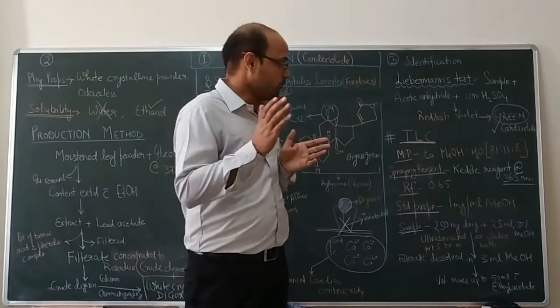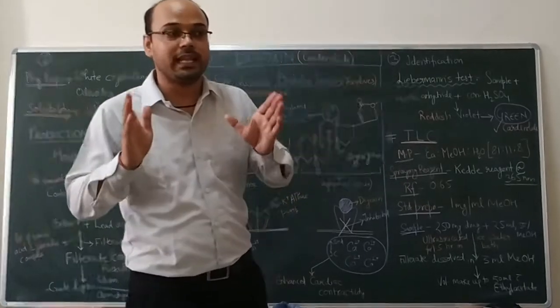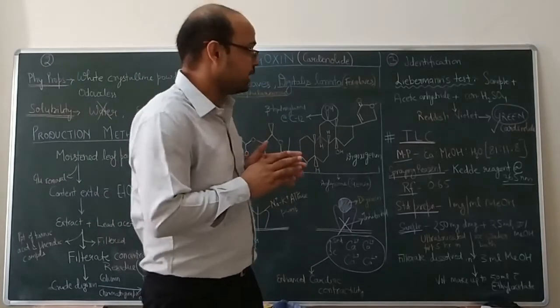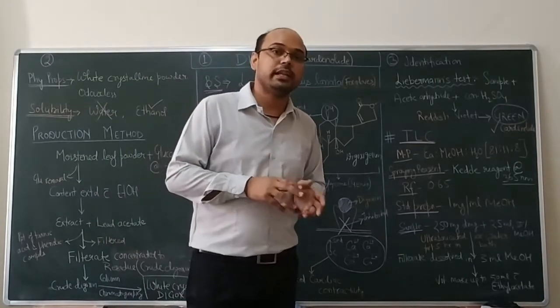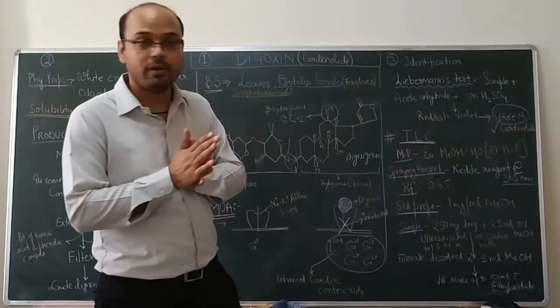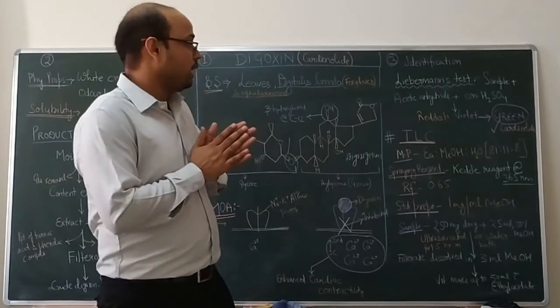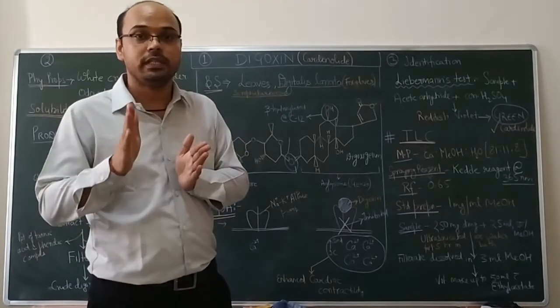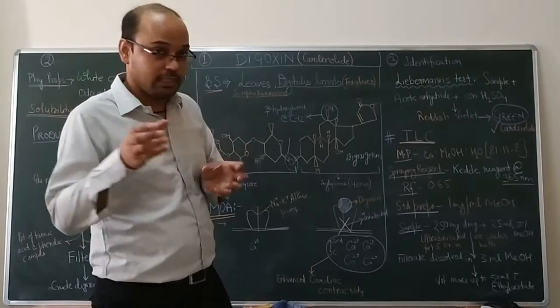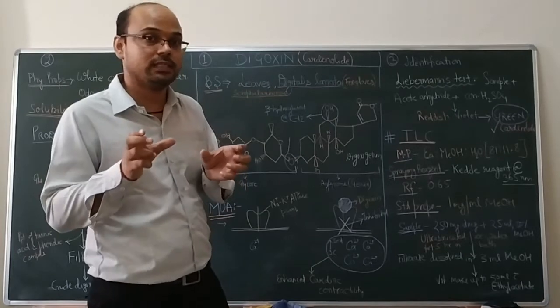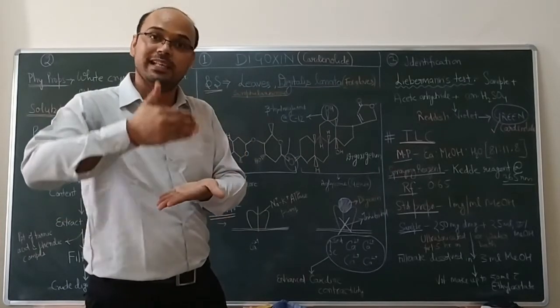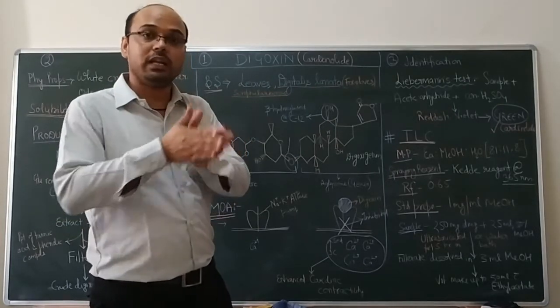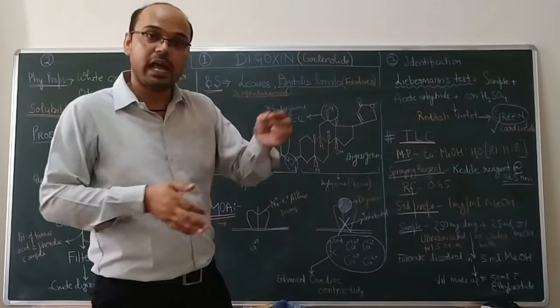The mobile phase for this analysis is ethyl acetate, methanol, and water in a ratio of 81:11:8. In this mobile phase we develop our TLC plate, and after developing we air dry it.